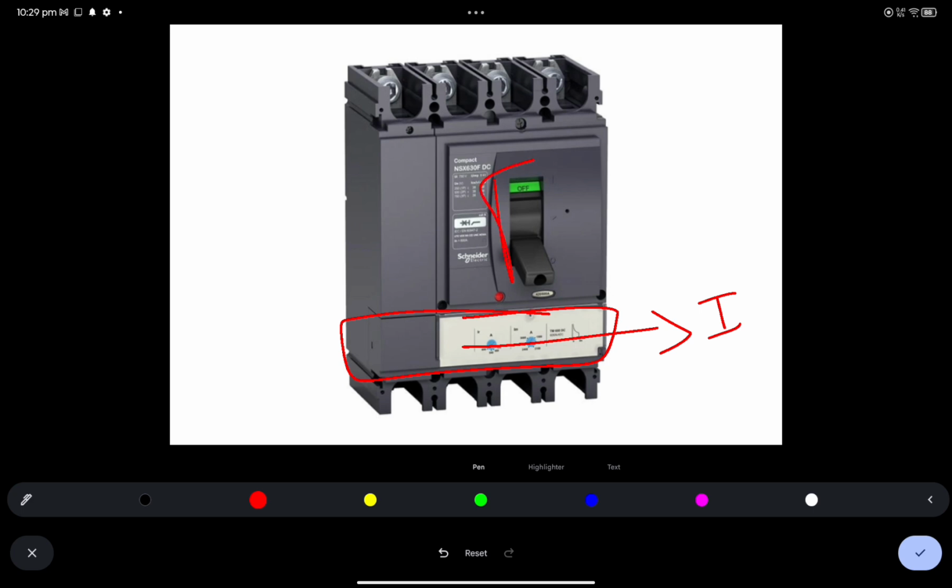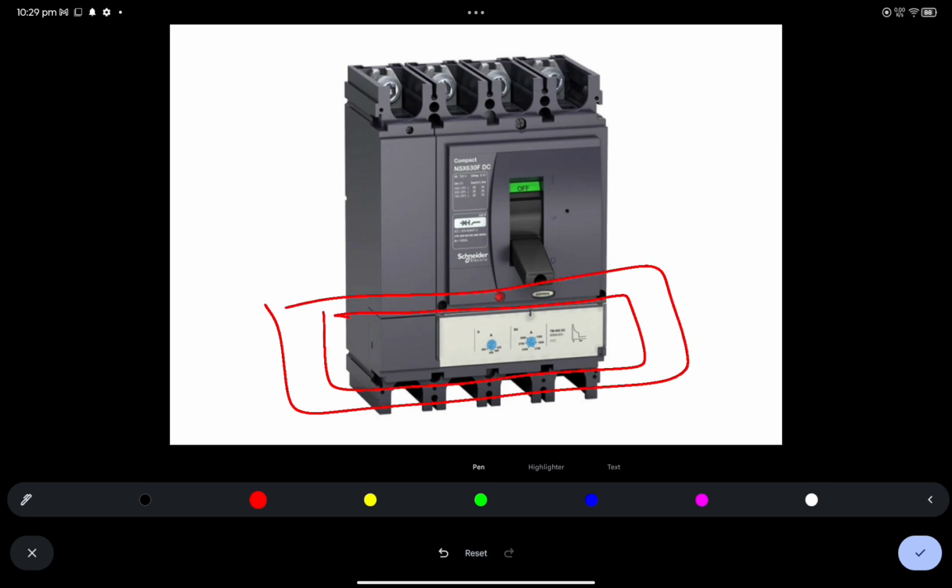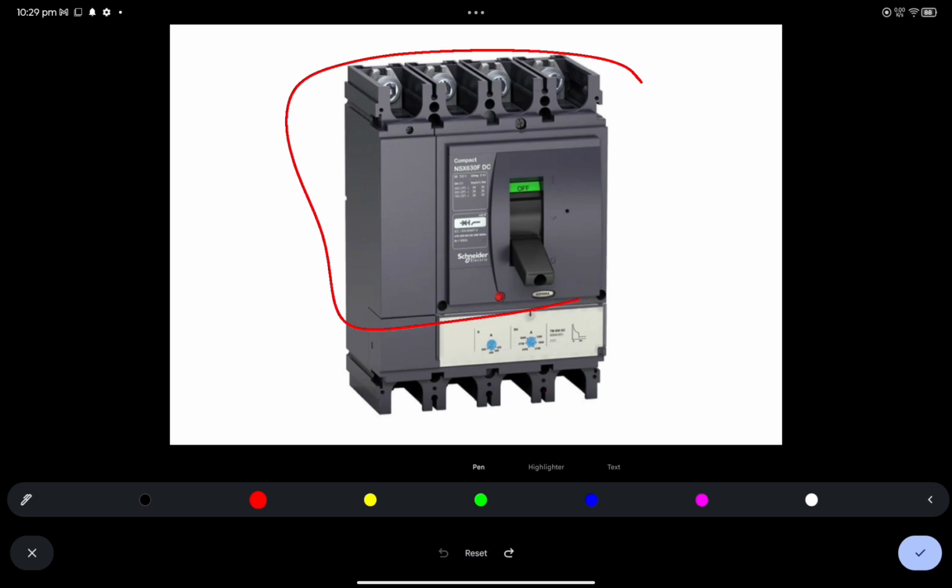This is a knob for on and off, and these are the terminals which are connected to line and load. As you can see, this trip unit is the heart of the MCCB. If there is no trip unit available, then this becomes an isolator, which is only used to switch the breaker on and off, right?